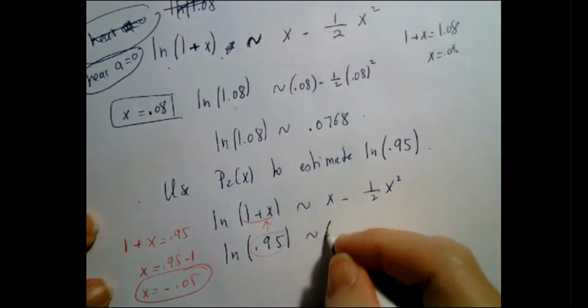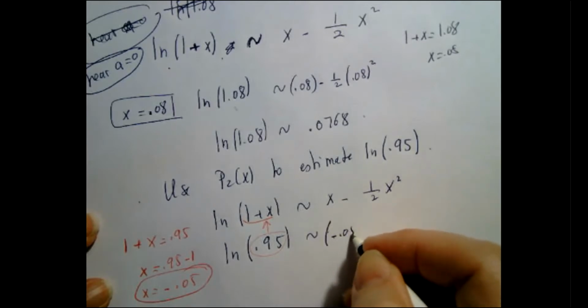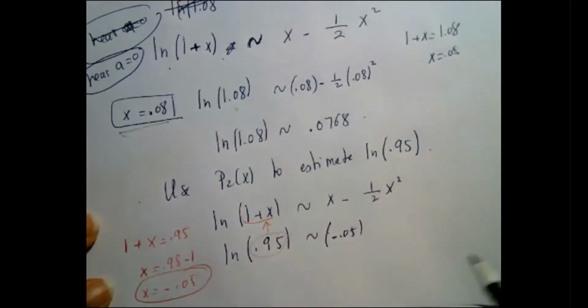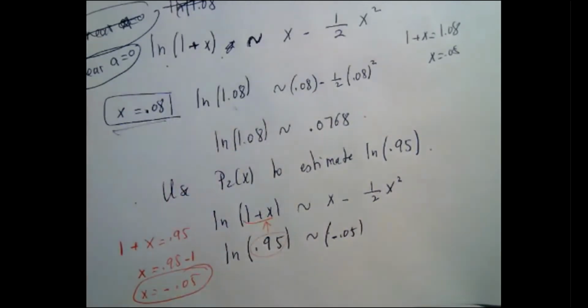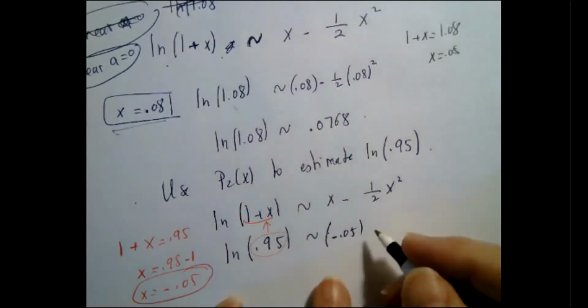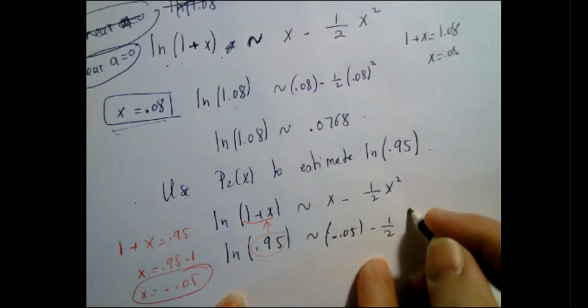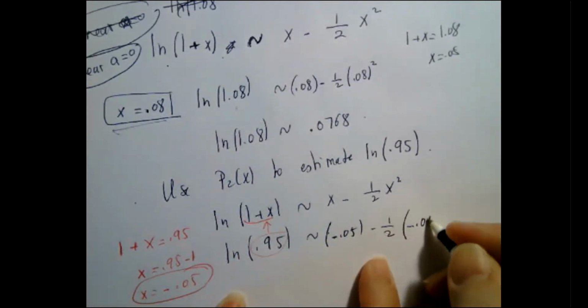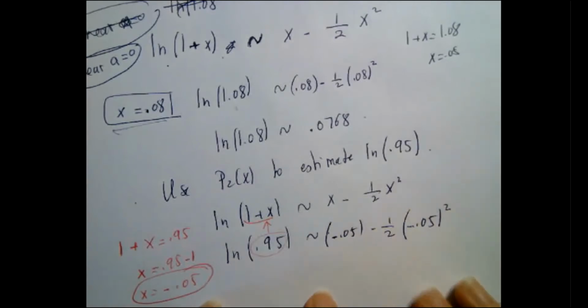And now I can evaluate this. I'm plugging in minus 0.05, which is near 0, and it makes sense because all my approximation is near 0, minus a half times minus 0.05 squared. And now the rest is simple.